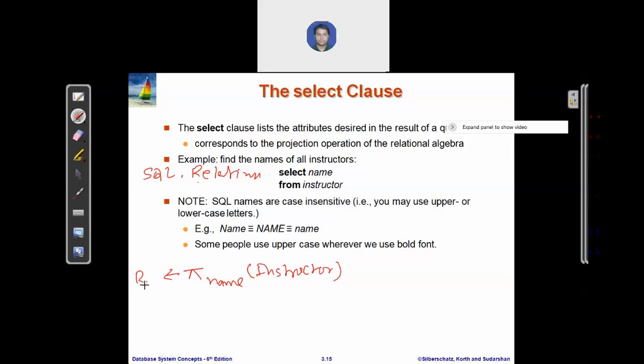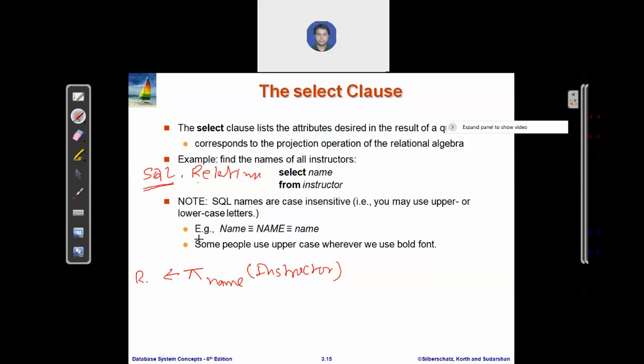If two instructors have the same name, it removes the duplicate name, so the result does not contain duplication. But SQL contains duplication in the result. If two or more instructors have the same name, it will give you both names.